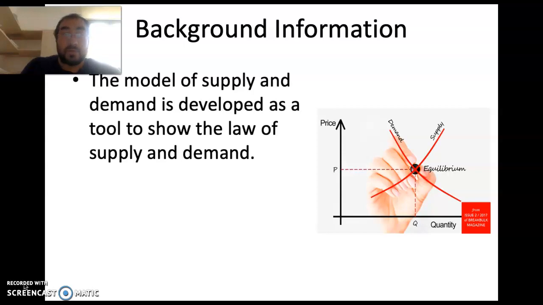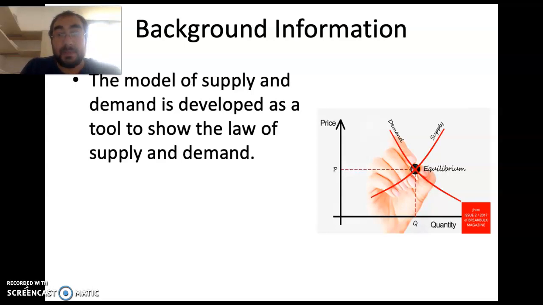This model is used for different purposes, and one of those was, as I said, measuring how efficient the market is, how much benefit it produces. Although that later development is challenged a lot, unlike the core model itself. And it is used for further purposes.